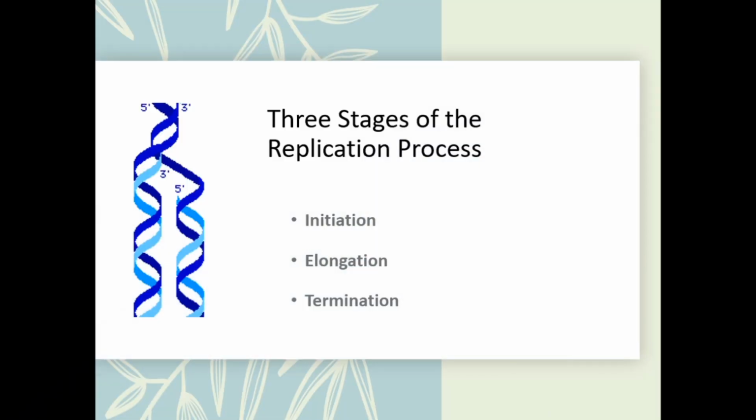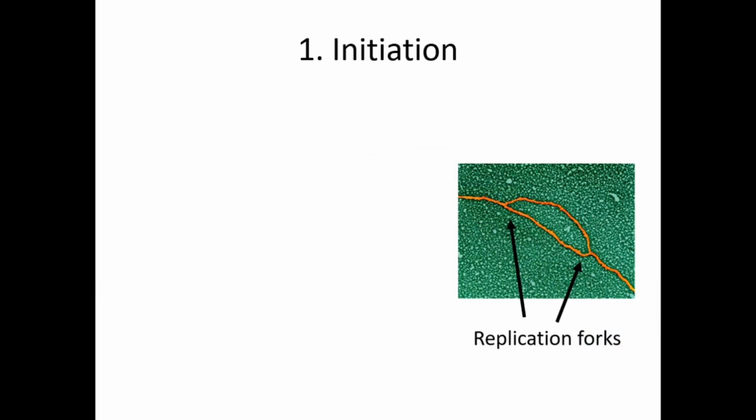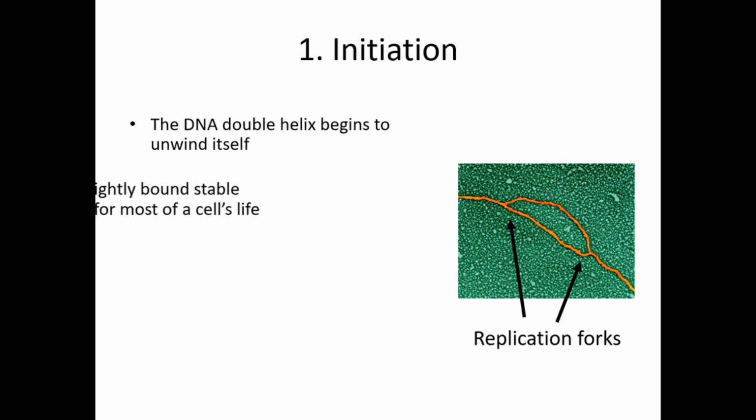There are different stages of the replication process. Number one is initiation, number two is elongation, and number three is termination. In initiation, the DNA double helical structure begins to unzip itself with the help of enzymes called helicases.